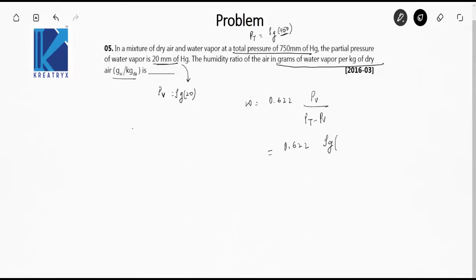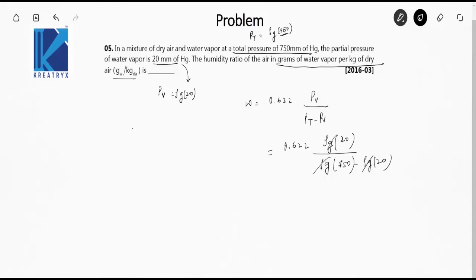So rho g PV is 20, and they are getting cancelled out. Even if you had written it in meters, it wouldn't have made any difference. So 750 minus rho g 20.